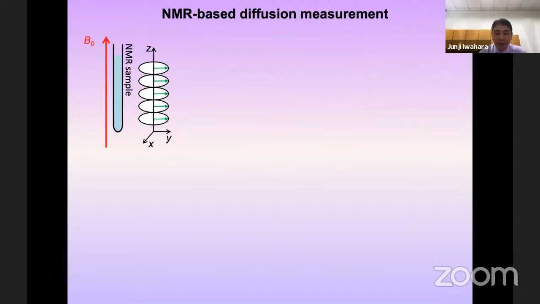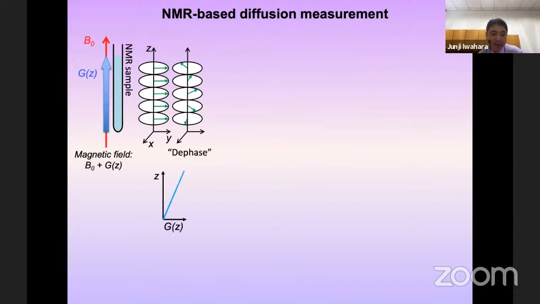But we can introduce a magnetic field gradient, and then the resonance frequency becomes dependent on the position. Okay? And at this point, the coherence is decorrelated, which is what we call dephasing, it's NMR jargon.